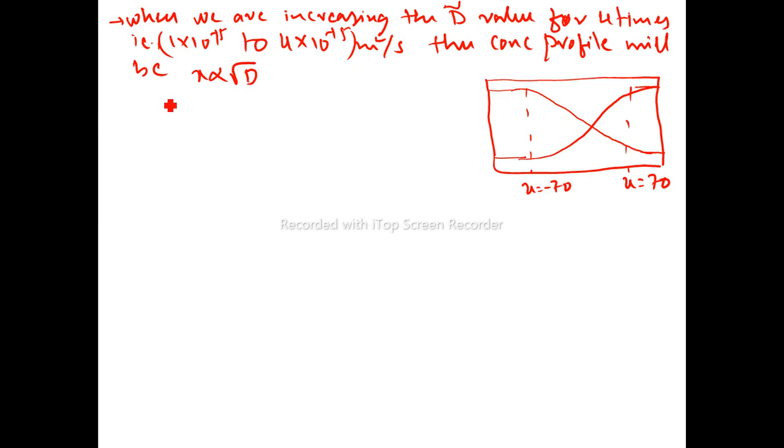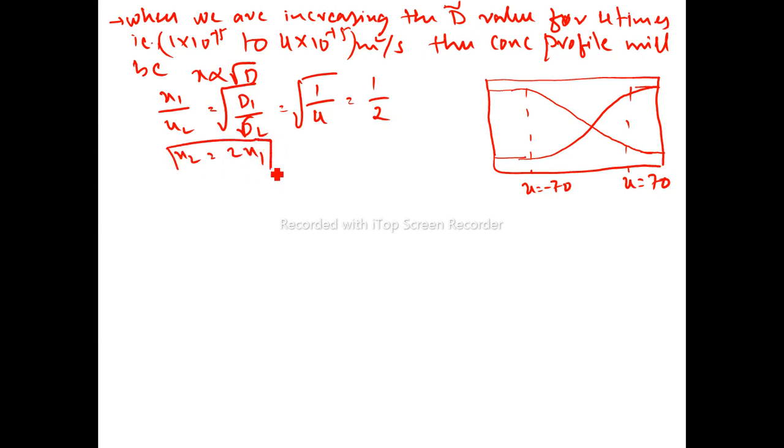Then x1 by x2 equals root D1 by root D2. That means 1 by 4 under the root, it is 1 by 2. That means x2 is equal to 2 times x1. We know that x1 is 35, then x2 will become 70.